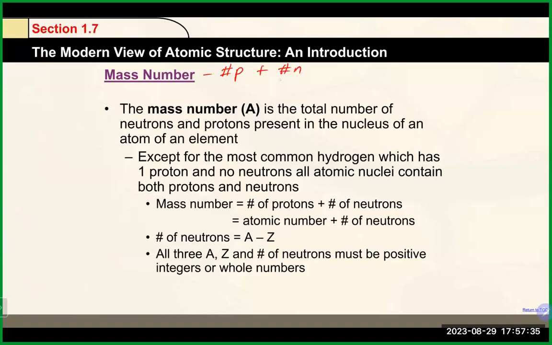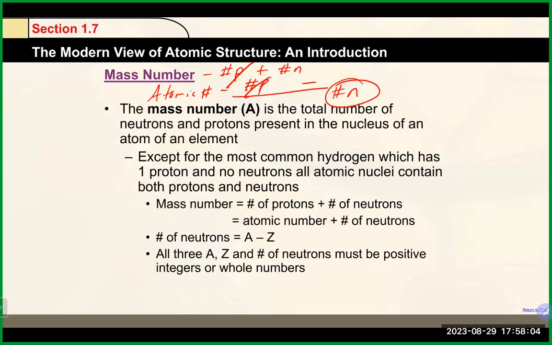And that's important because if we take our atomic number that we just talked about, which is the number of protons, and subtract, you can use both of those numbers to figure out the number of neutrons that are present. So if you take the mass number minus the atomic number, that will tell you the number of neutrons that are present. Pretty much all atoms will have protons, electrons, and neutrons.